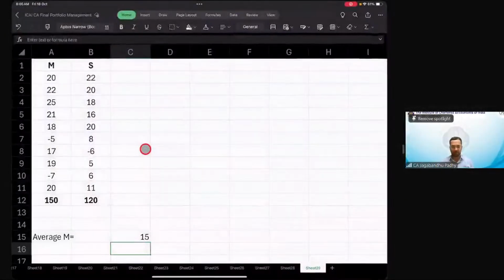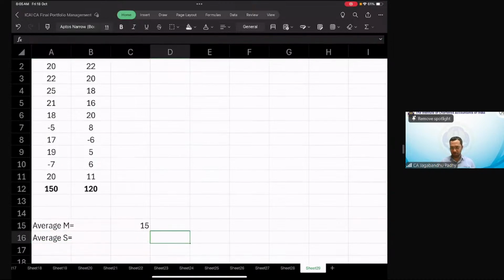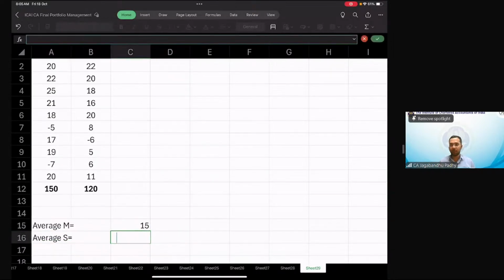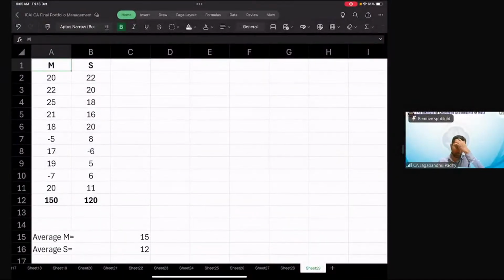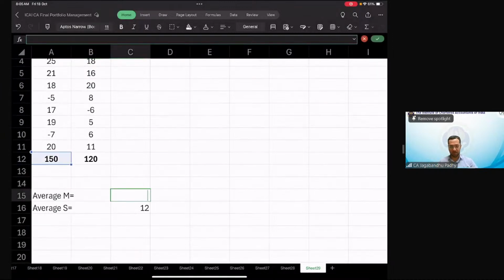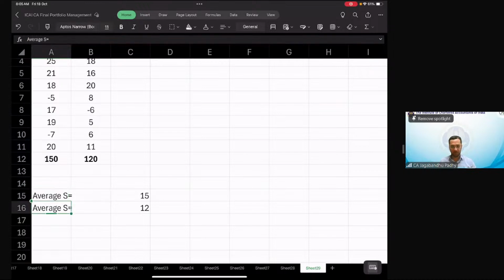We have 10, right? And also let us compute average security return, which will be 120 divided by 10. Okay, so first one is security and other is market. So average security return is 15 and average market return is 12.